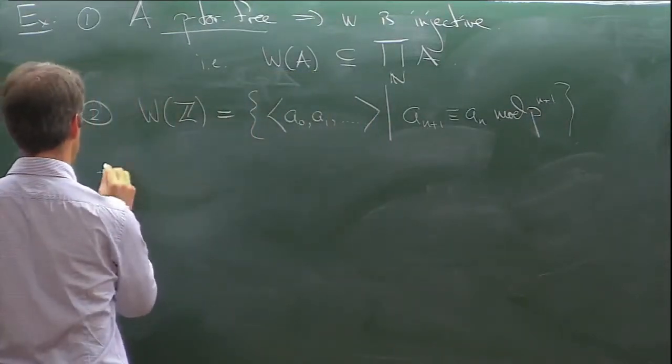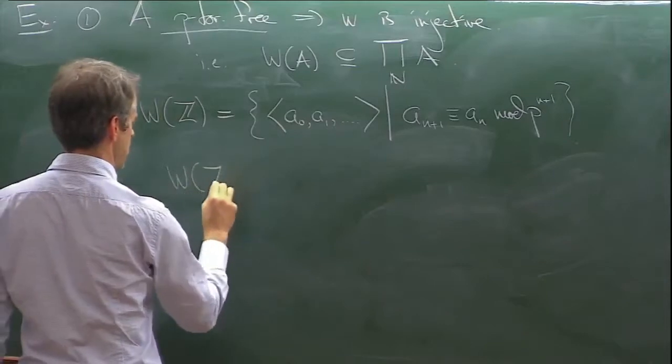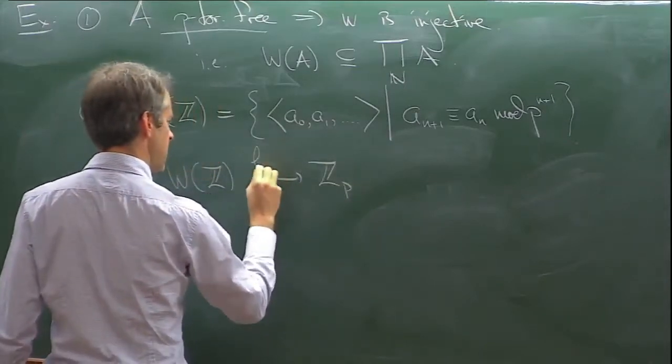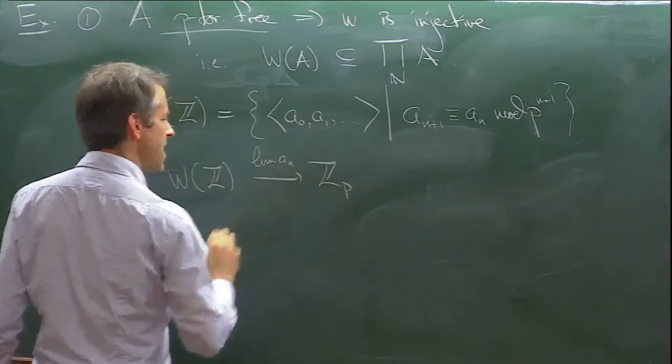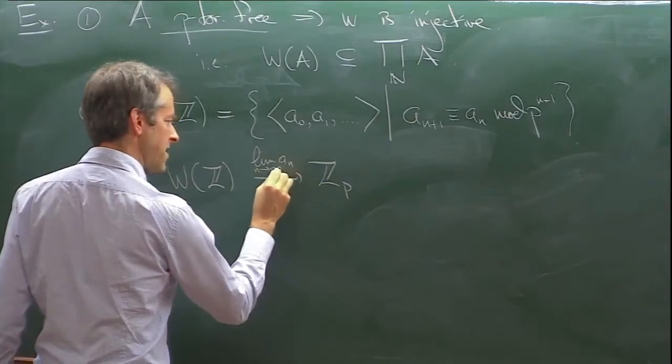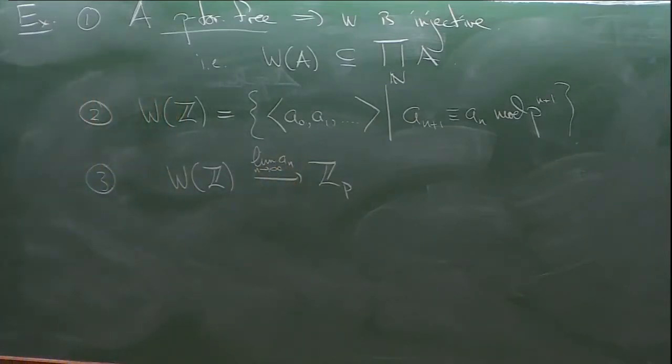So exercise 3 is, W of Z goes to Z_p. This is the p-adic limit of a_n as n goes to infinity. Not a category theoretic limit, an actual p-adic limit.